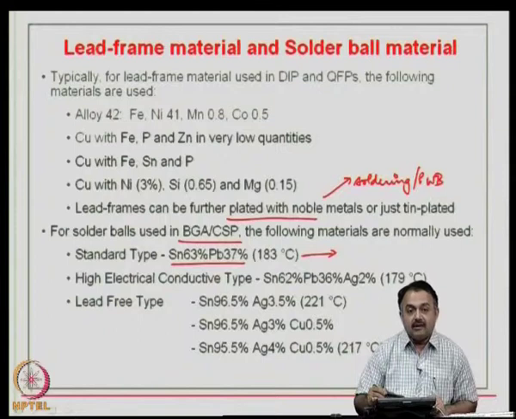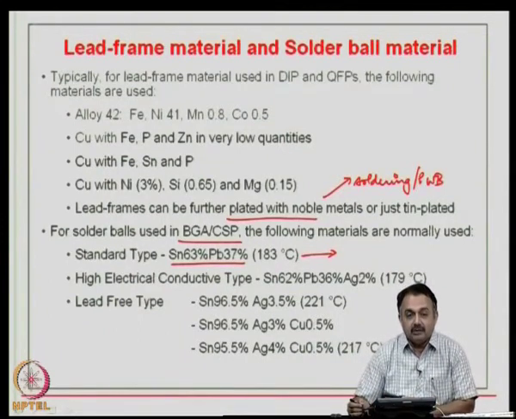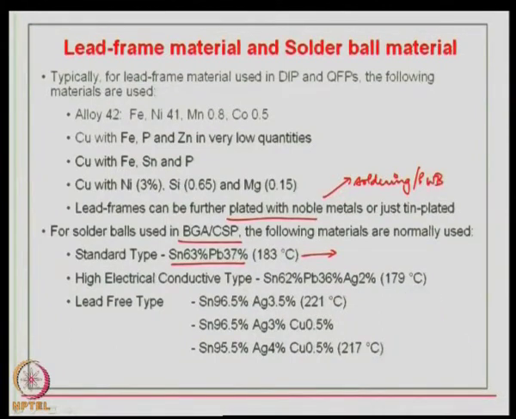But we have to compromise to some extent on the higher temperatures that we are going to face, with higher energy utilization for assembling these devices onto the substrates. Therefore, a very proper choice needs to be made if you are going to work with lead free materials. So, we will talk more about lead free at a much later stage.